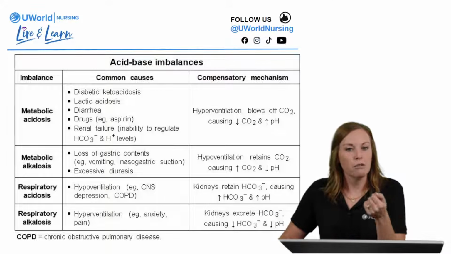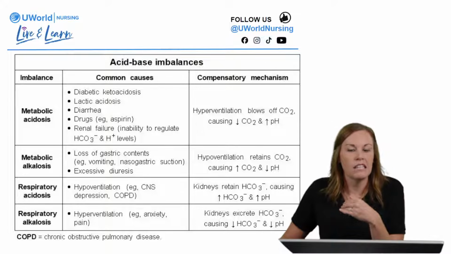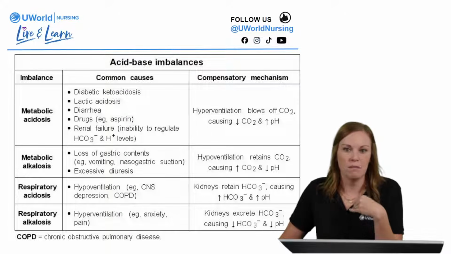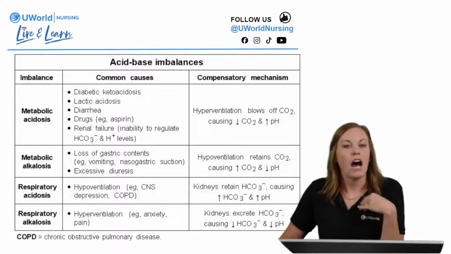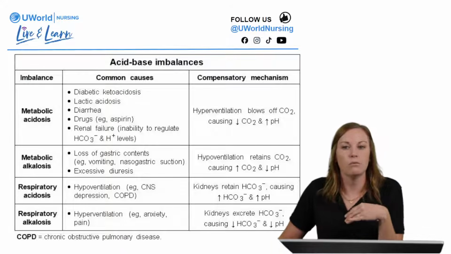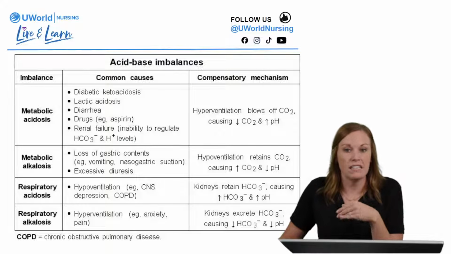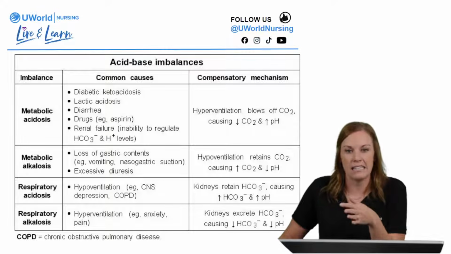So in respiratory acidosis, when we are hypoventilating, again, we've talked about this already. When we're hypoventilating or breathing slowly, we're going to have a buildup of CO2 in the blood, making us more acidic, making us have a low pH. On the other hand, respiratory alkalosis is where we're hyperventilating or breathing too fast. We're going to blow off that CO2 too quickly, and it's going to raise our pH due to a lack of acid.